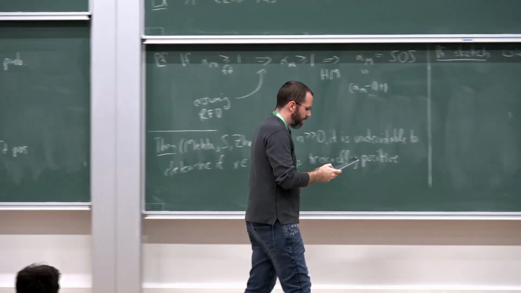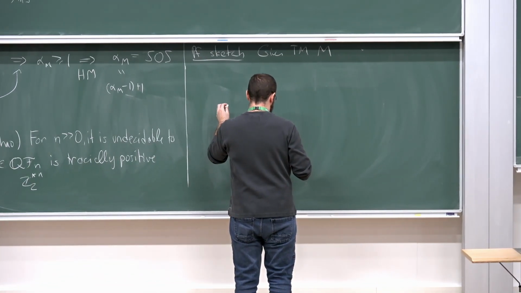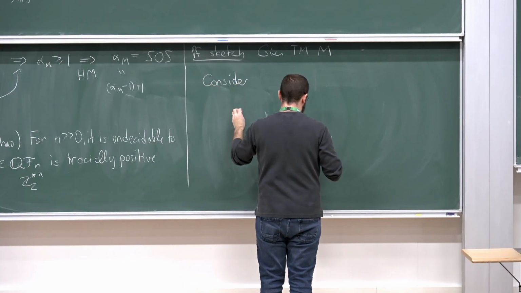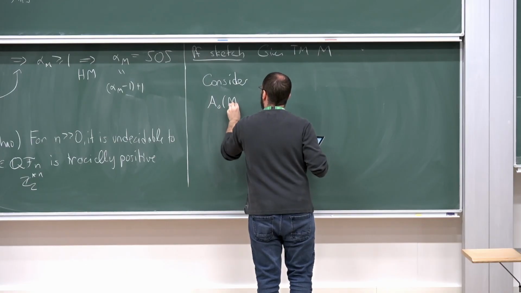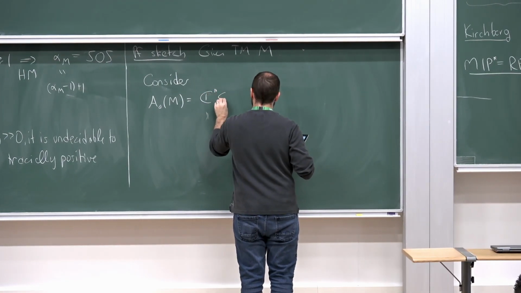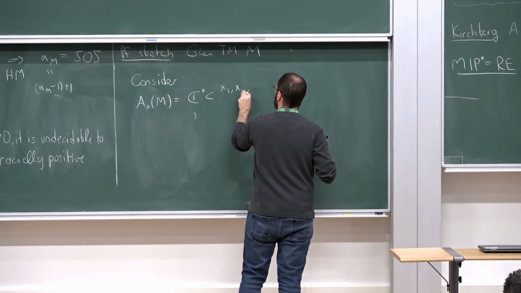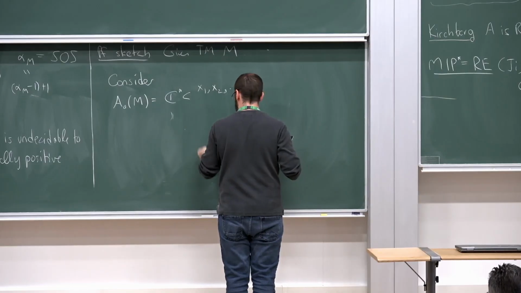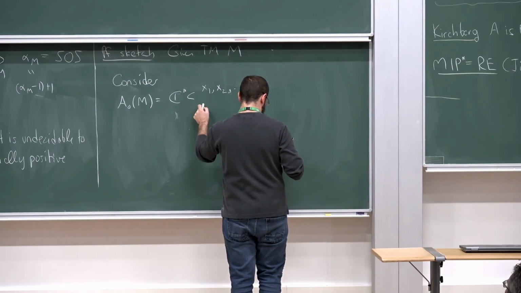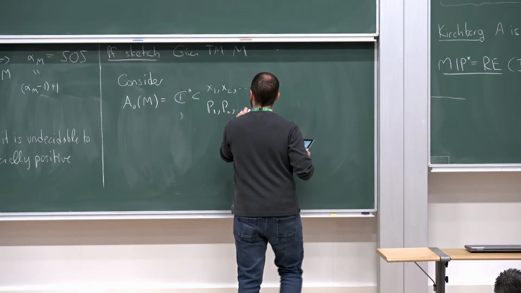So what we're going to do is look at the algebra, let's call it A0. It's going to have an uncountable number of generators and relations. We're going to have generators x1, x2, and so on, and also some generators p1, p2, and so on.